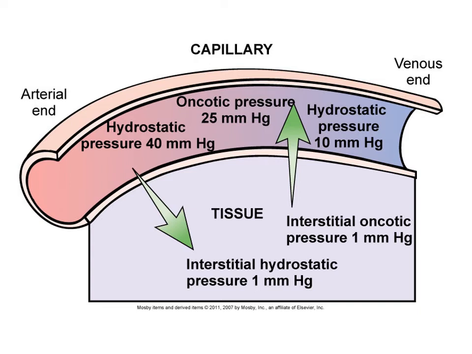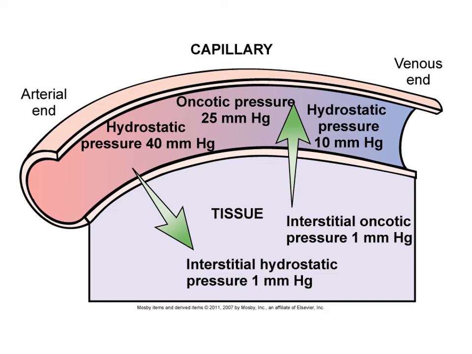So there's going to be more force for fluid to go back into the capillary because of the oncotic pressure due to the albumin. Okay, so it's a perfect system. It forces fluid out on the arterial side of the capillary, and it sucks fluid back into the capillary on the venous side. Okay, so that it can return back to the heart for another round of pumping.